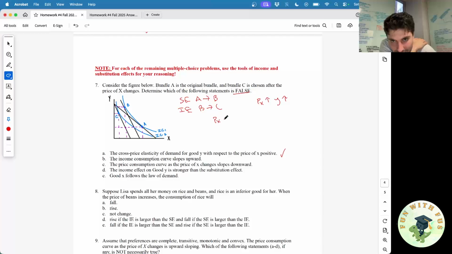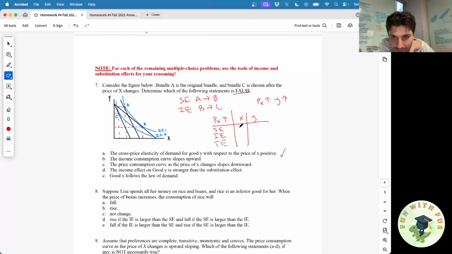The price of X went up, and I write X, Y, and then we have the substitution effect, the income effect, and the total effect.